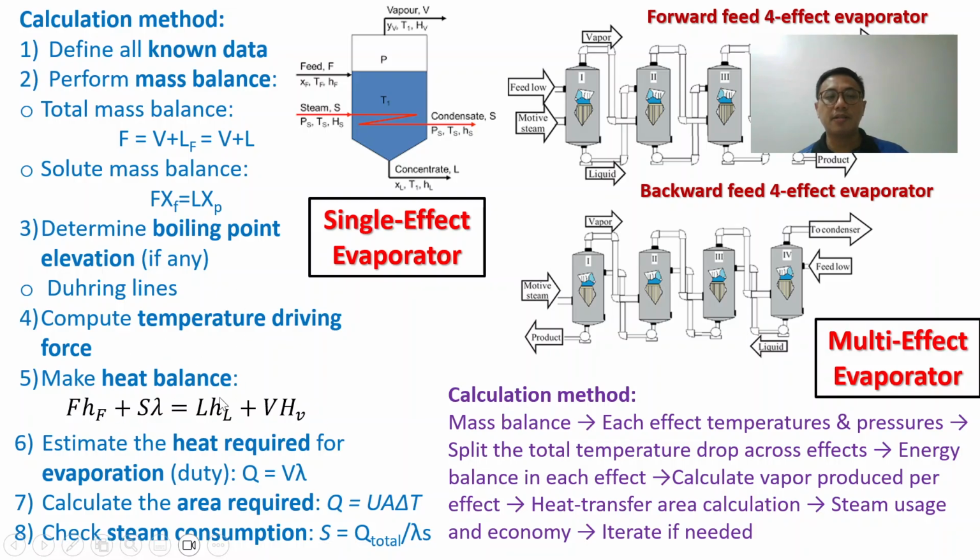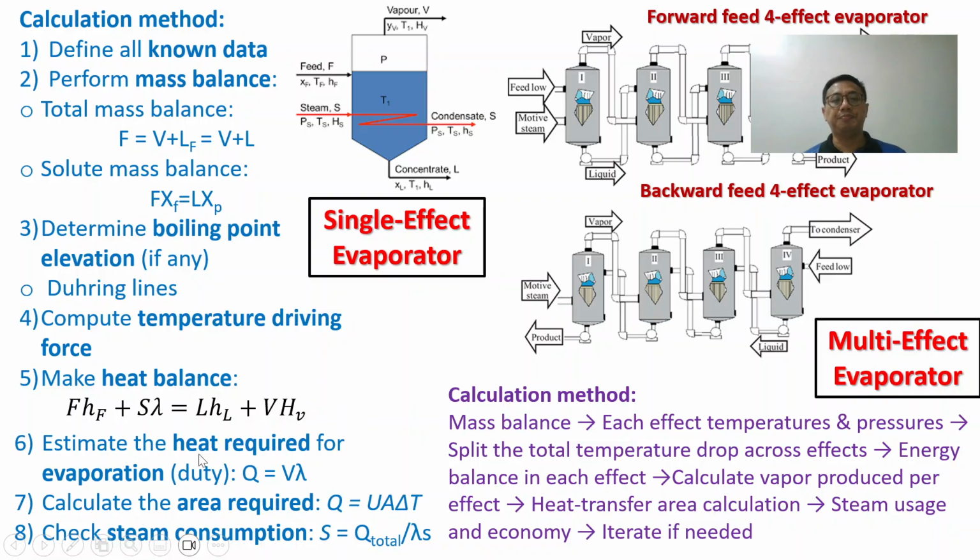This is a heat balance of the inlets with the outlets. So our feed times the enthalpy, plus the steam mass flow rate times the latent heat lambda, the capital H. And then our concentrate times the enthalpy, plus the vapor times the latent heat of vaporization.